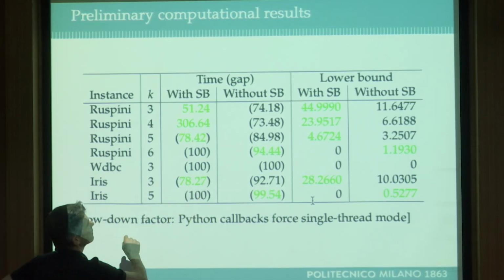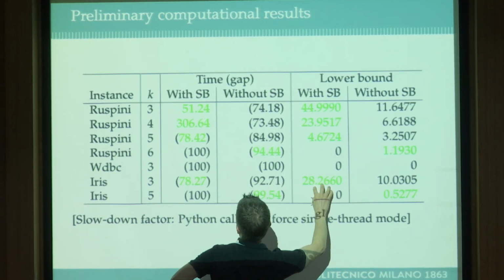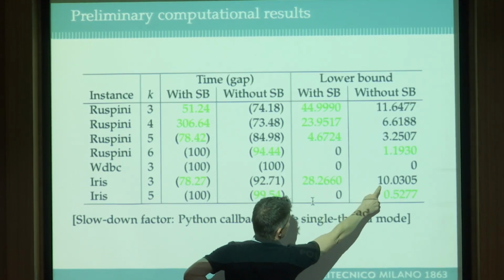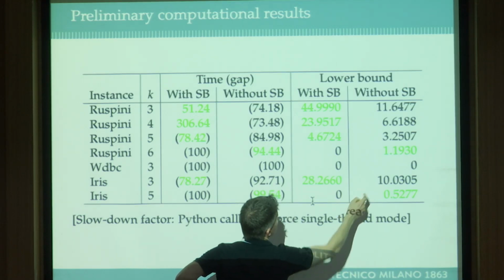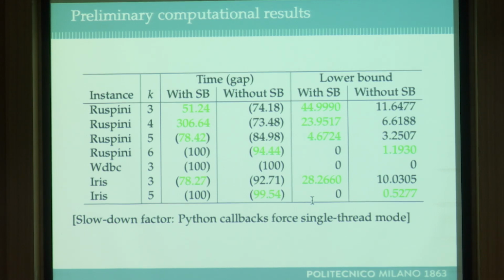This is the lower bound that we get after 1 hour, and this is the lower bound we find after an hour without the spatial branching. And as you can imagine, because of the structure of the problem, every MIP solver begins with a lower bound that is equal to 0 for quite a few branch and bound nodes.